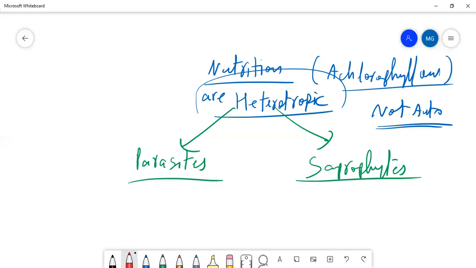Now parasites can be of two types, facultative or obligate.